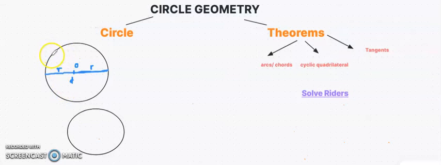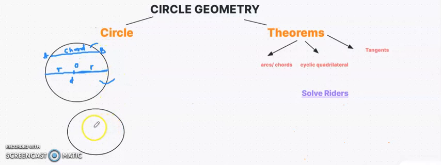Now, a line drawn from one point on the circle to another point on the circle and not passing through the center of the circle is called a chord. So line AB is a chord. A chord divides a circle into 2 segments, the minor segment and the major segment.